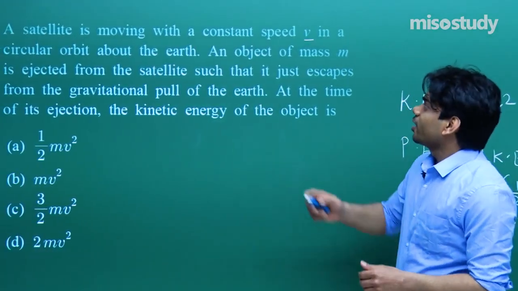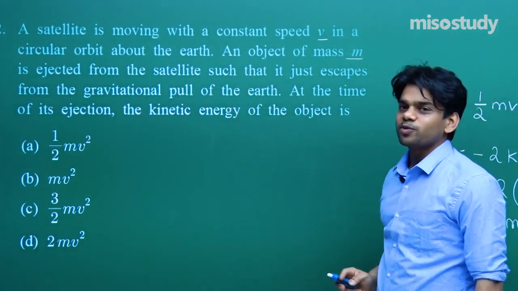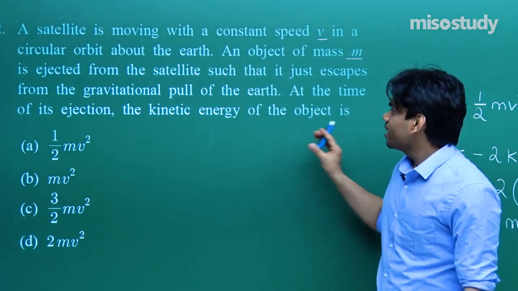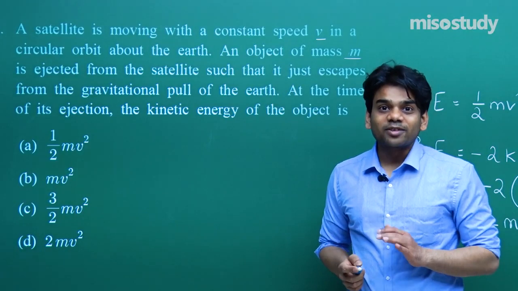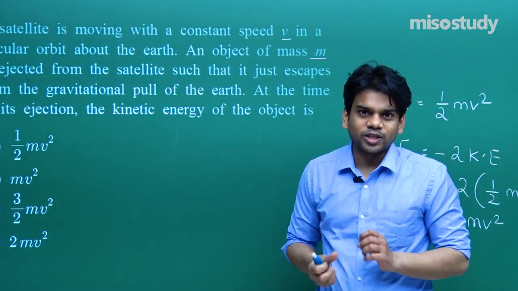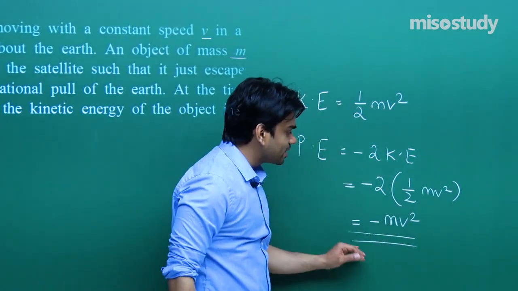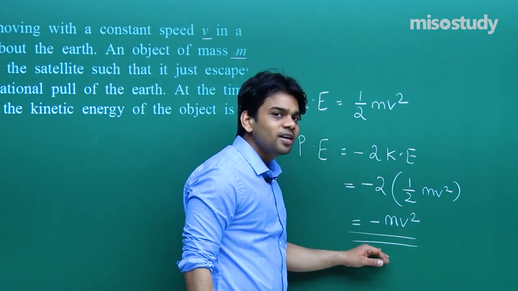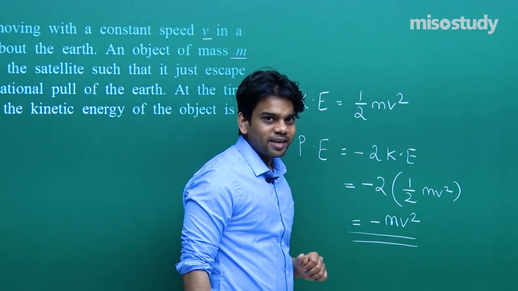Now see here, an object of mass m is ejected from the satellite such that it just escapes from the gravitational pull of the earth. At the time of its ejection, the kinetic energy of the object is? So you have to provide that much kinetic energy that will overcome the net negative potential energy. The potential energy is this much. If you provide this much energy, you will be able to let the object within the satellite escape.